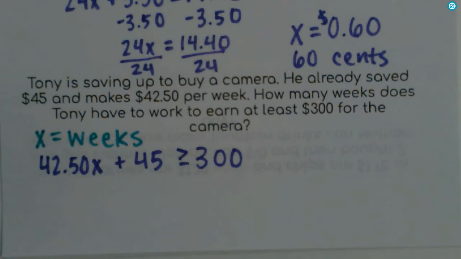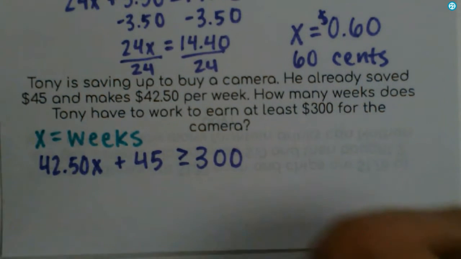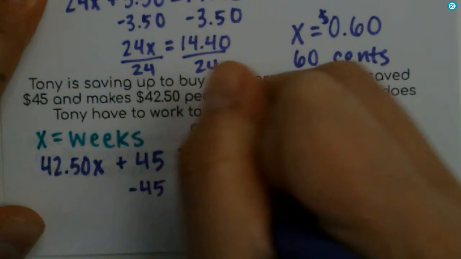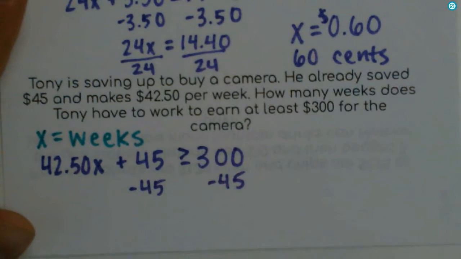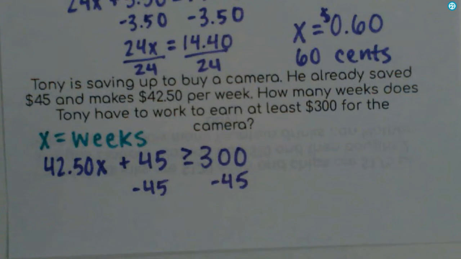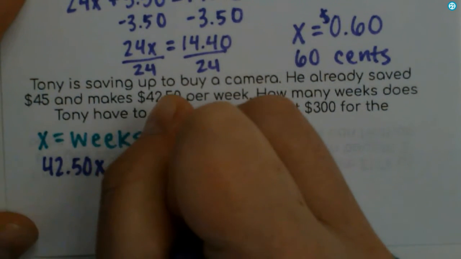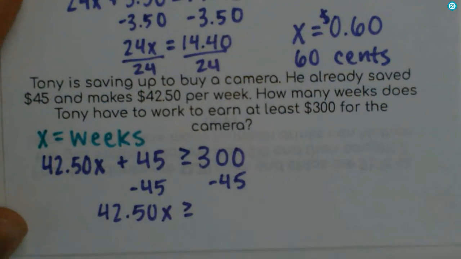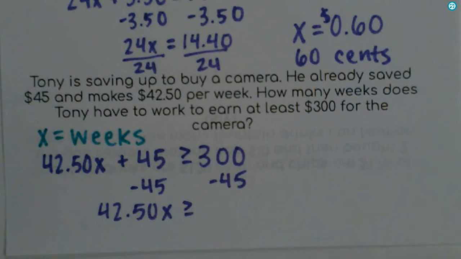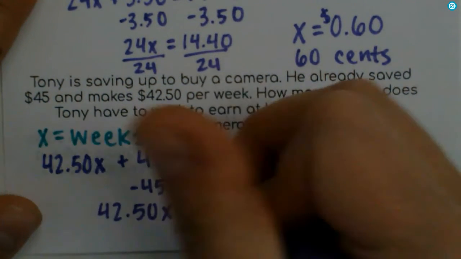Okay, from there, we can solve. So we're going to subtract 45 from both sides. We'll get 42.5x is greater than or equal to, my bad, 300 minus 45 is 255.